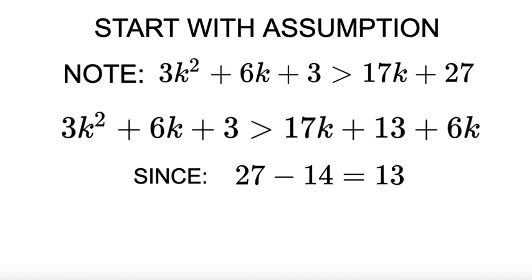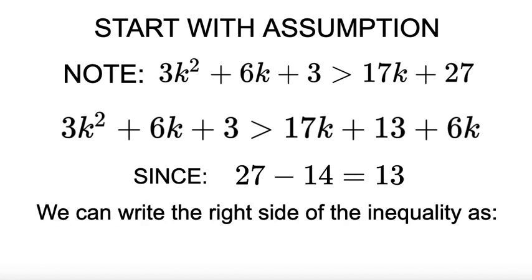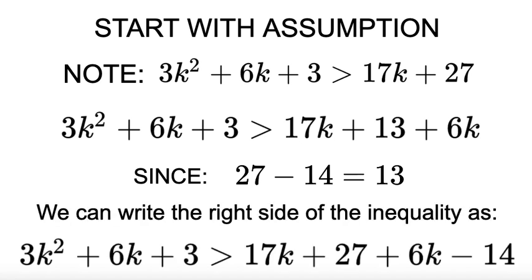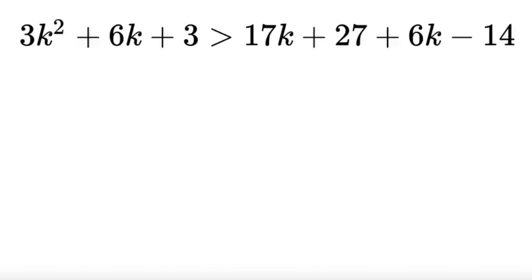Well, since 27 minus 14 equals 13, we can rewrite the right side. So we get 3k squared plus 6k plus 3 is greater than 17k plus 27 plus 6k minus 14. So this is what we have now. Since 27 minus 14 is 13, we're able to do that on the right side.